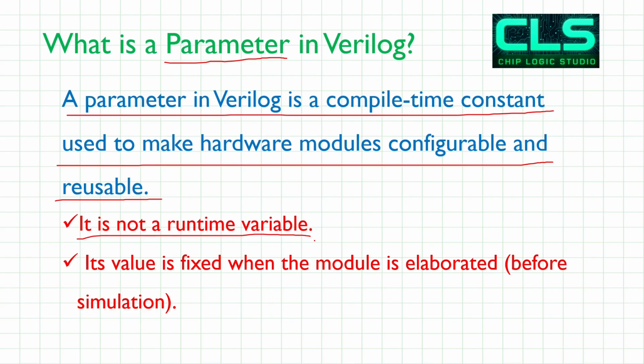For example, if you have created some memory, let's assume it is a memory. So in compile time, we don't know what is the width and what is the depth of this memory. But for now let's say 3 and 3 is the width and length, width and depth, whatever you can say.